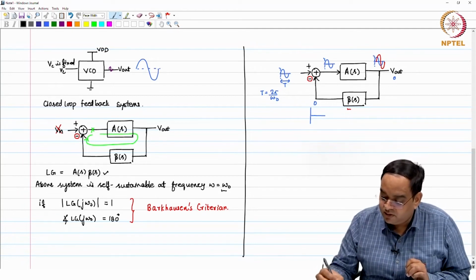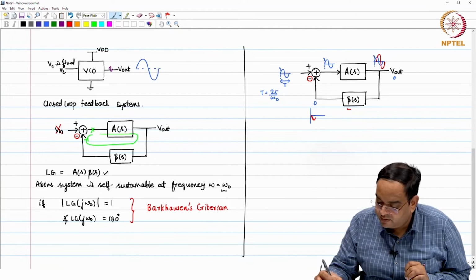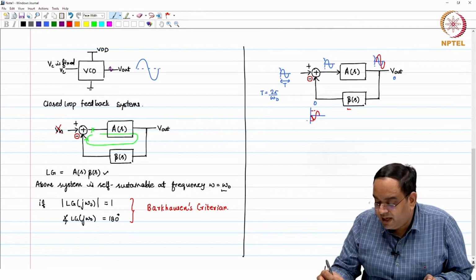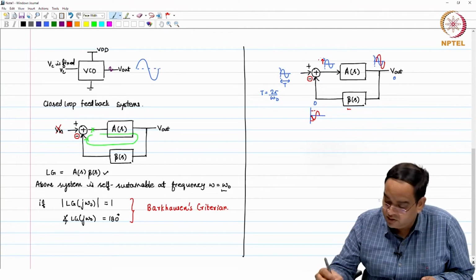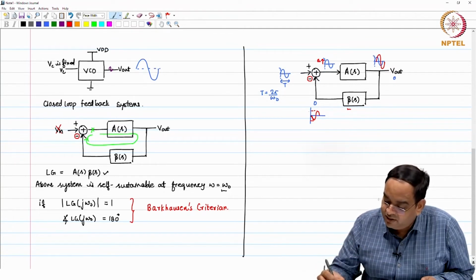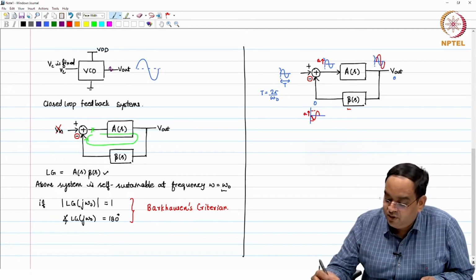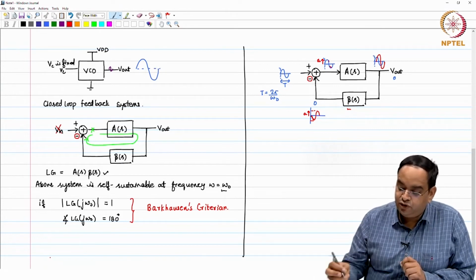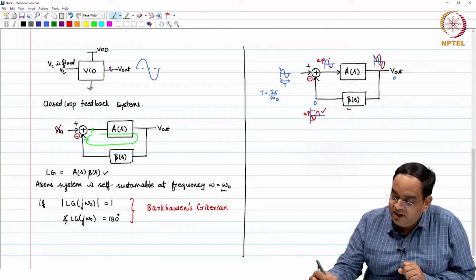Let me do it with the same amplitude. What I am trying to make sure is that if this amplitude is small a, then this amplitude is also small a. Here it is 0 and then you see the positive cycle first, here you are seeing the negative cycle first. So effectively what I am trying to show you is that this signal is just an inverted signal of what you fed at the input.